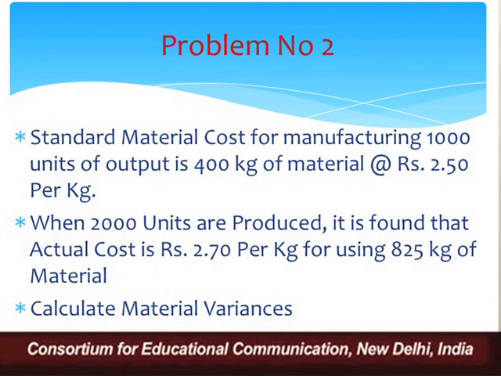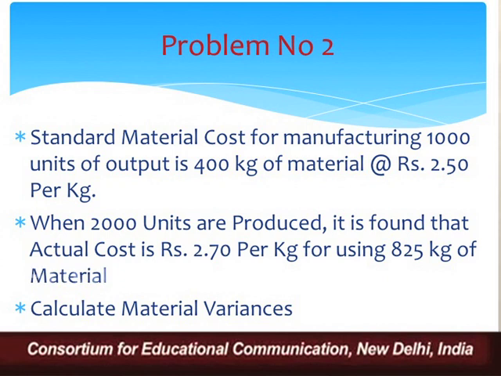The standard material cost for manufacturing 1000 units of output is 400 kilograms of material, and the price is 2.50 per kilogram. Or in other words, to have an output of 1000 units, you require 400 kilograms of material, and the standard price for it is 2.50 per kg.